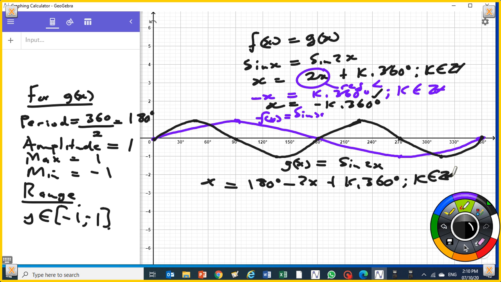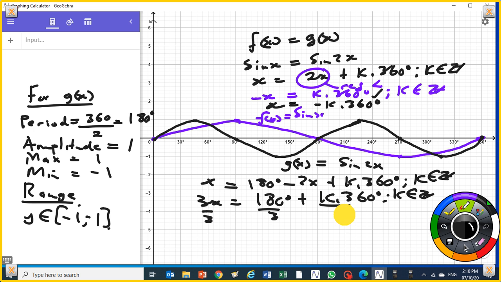Then you take that 2x to the left, you get 3x equal to 180 degrees plus k times 360, where k is an integer. Divide each term by 3. So you end up getting x equal to 60 degrees plus k times 120 degrees, where k is an integer.